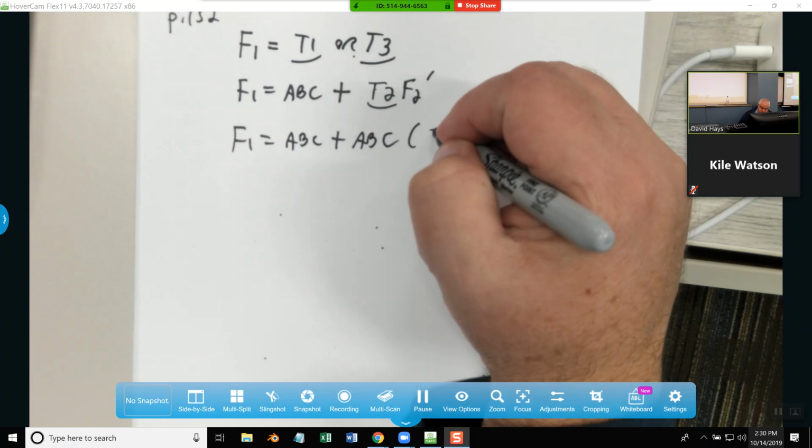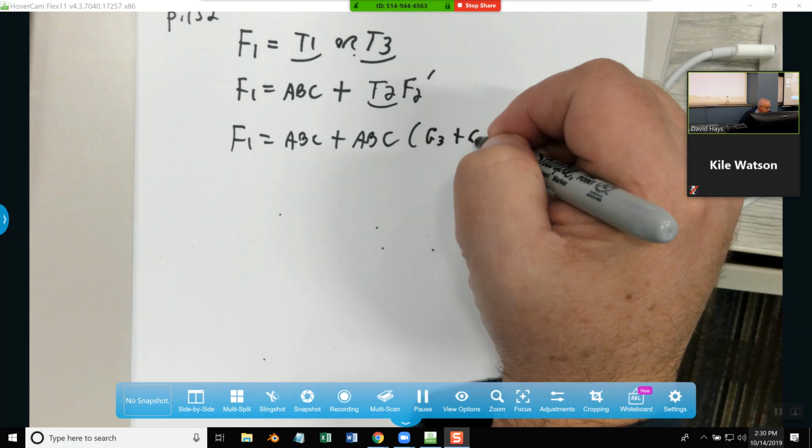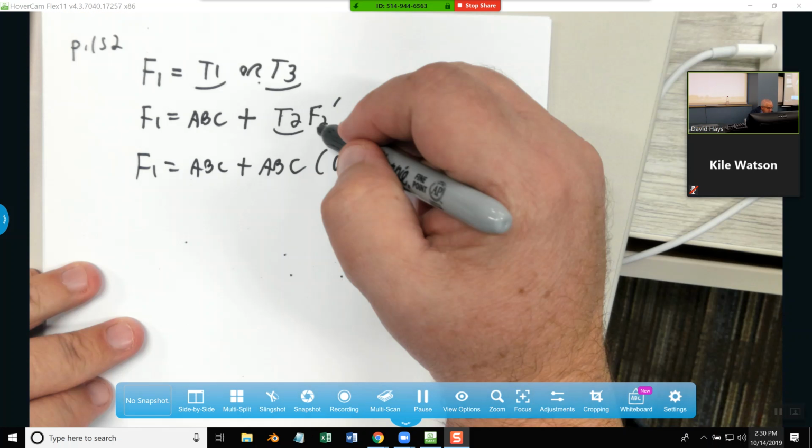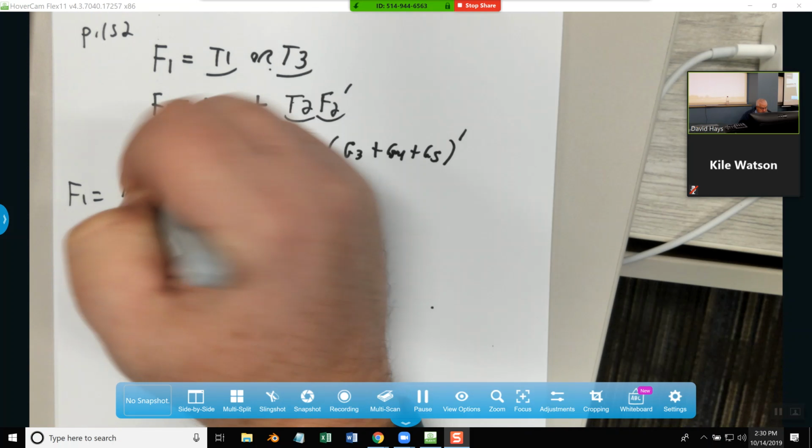And it's this one, which is A, and it's this one, which is C. So A or C. And G5 is an AND, it brings in B and C.